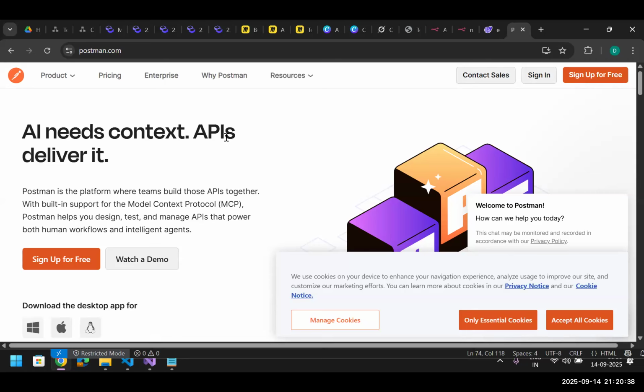But internally, this is common. There is a database, the database will have tables where the data will be stored, and the data will be accessed through APIs, application programming interfaces.